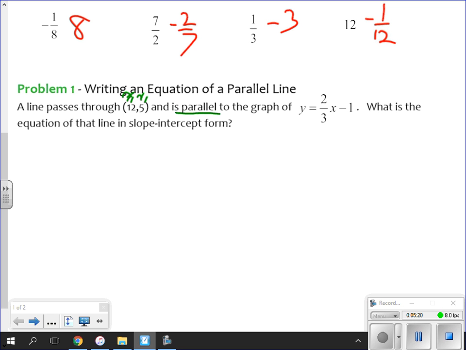The line I'm looking for is parallel, which means the slope of my new line is the same as the slope of my original line. If two lines are parallel, their slopes are the same. So I have my slope, I have my point, plug it in.